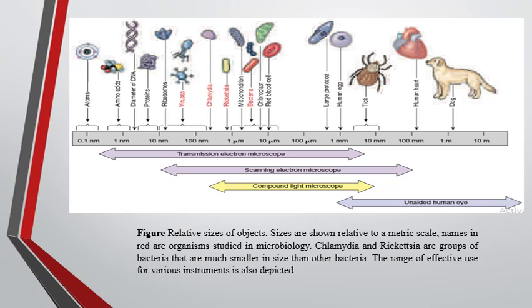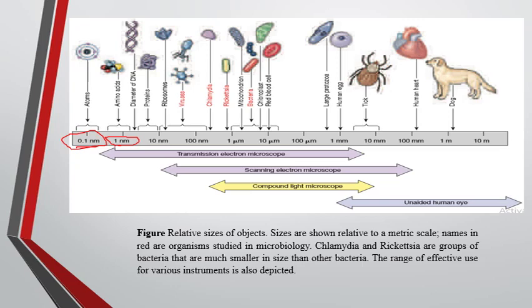So here we have atoms that fall near about 0.1 nanometer. Then we have amino acids, which fall near about 1 nanometer. Here we have a different range: a DNA structure, proteins, ribosomes.